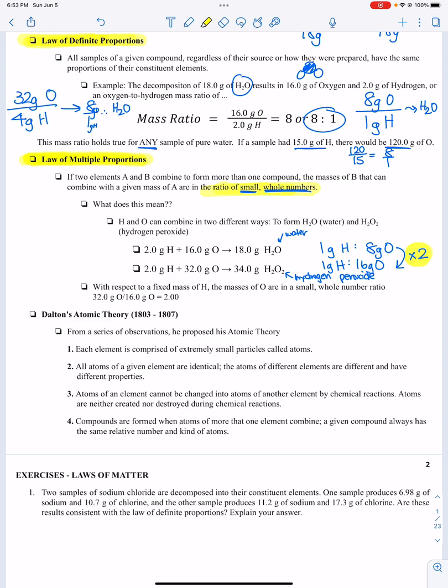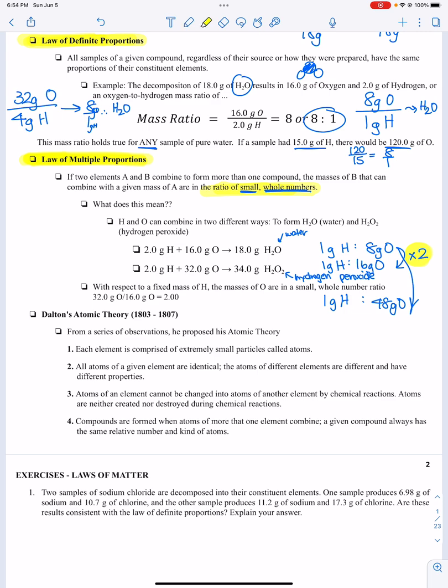If I got something that was like 14 or 13, that would not be a whole number ratio, and that would not work. Another ratio would be if I had 48 grams of oxygen to 1 gram of hydrogen. This would be a whole number ratio there. This would be 3 times the amount that we normally have.